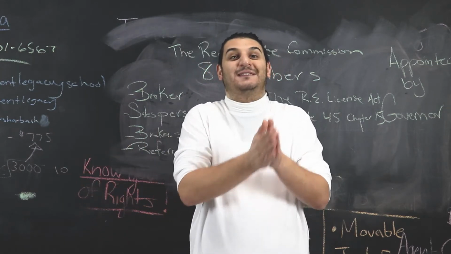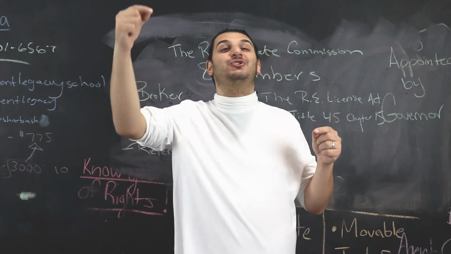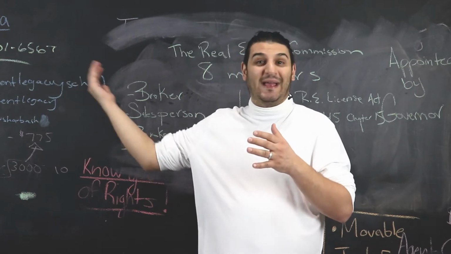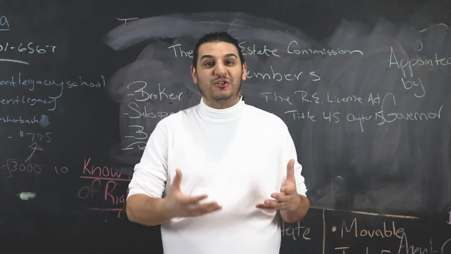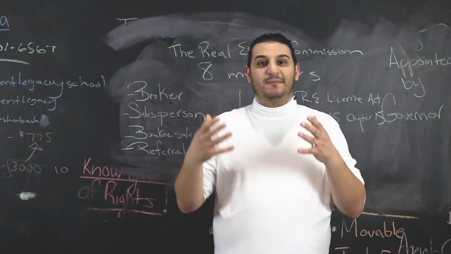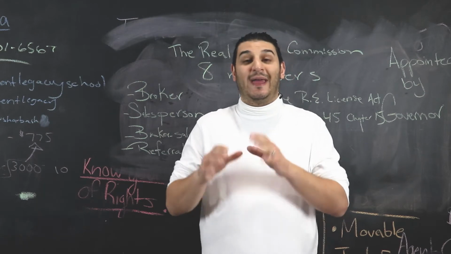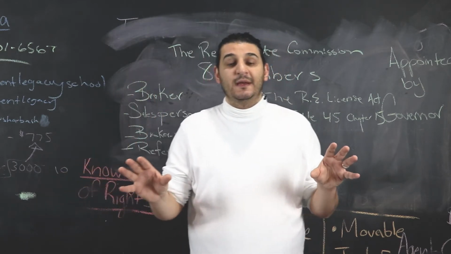As long as it has a private entrance that's visible from the street, right? So your entrance can't be from the backyard all the way in the back where no one could see it from the main street. It has to be a visible entrance that you could see from the street. And it has to be a separate entrance from the home entrance.